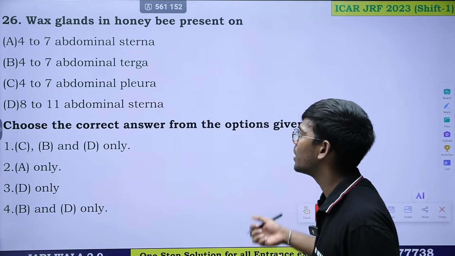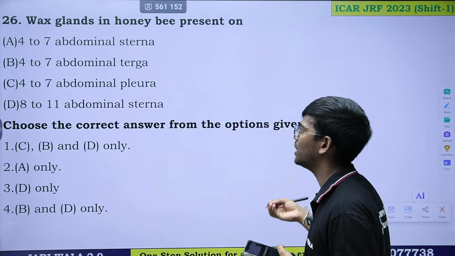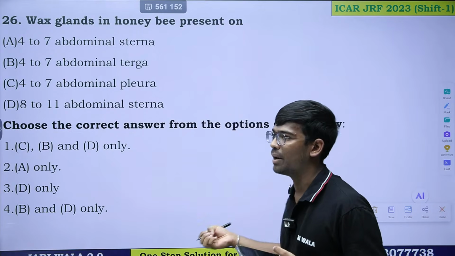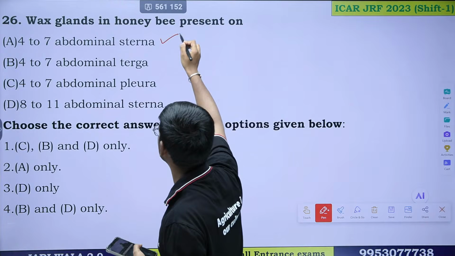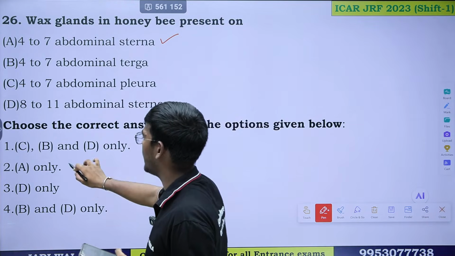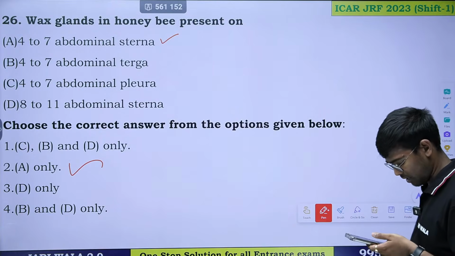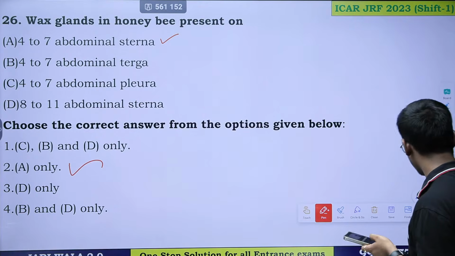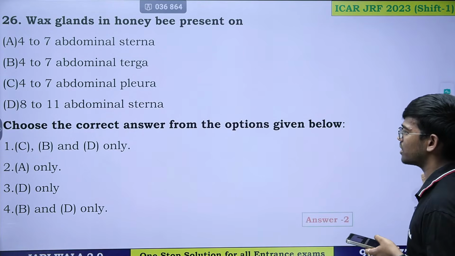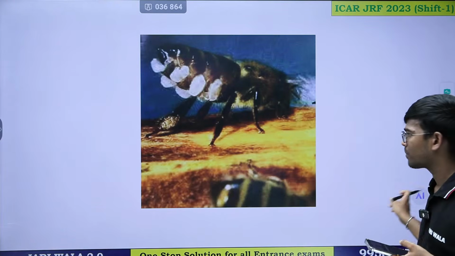So wax glands are present in honeybee on the 4 to 7 abdominal sterna, that is on the ventral side. So only A, so option 2 is correct. Yes, now Sam responded, it's B, Neha 2, then Chaya also B. Good, many students were responding today. So these are the wax glands.